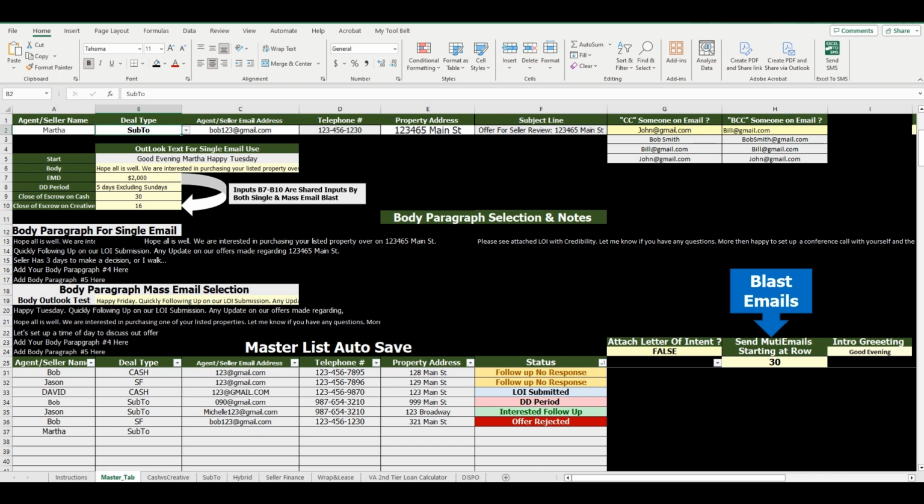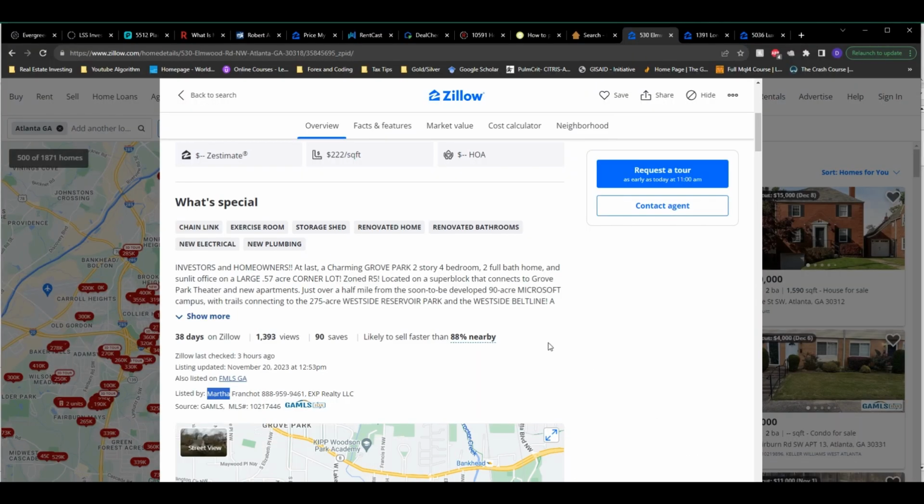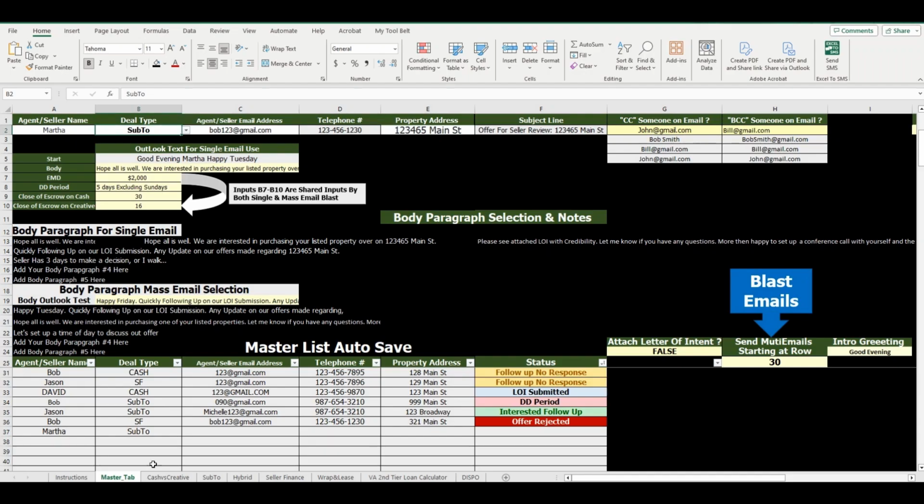I did not see an agent's email above. I see a phone number here. That's useful. So let's plug that into the master input tab. If you're trying to find the email address for the agent or the seller, you could shoot them a text.